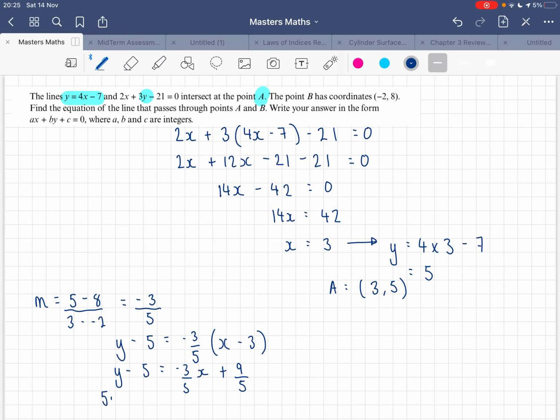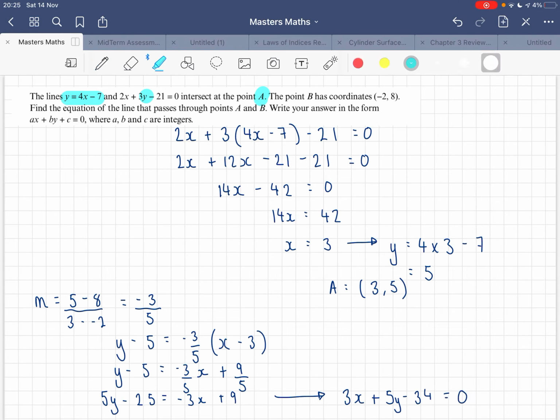I get 5y minus 25 is equal to negative 3x plus 9, and then I'm going to put everything on one side, so that it is in the form that's been asked. I'm going to add the 3x over, so I get 3x plus 5y, negative 25 minus 9 is minus 34, and that is equal to 0.